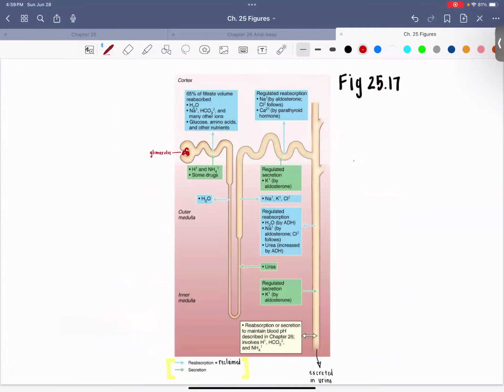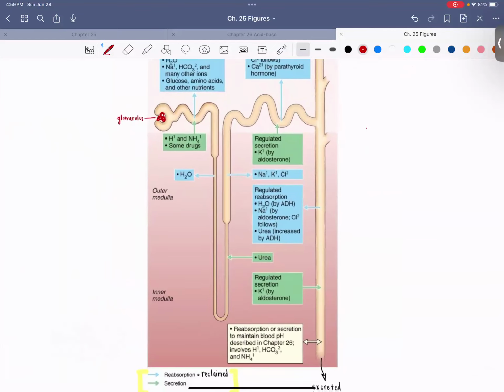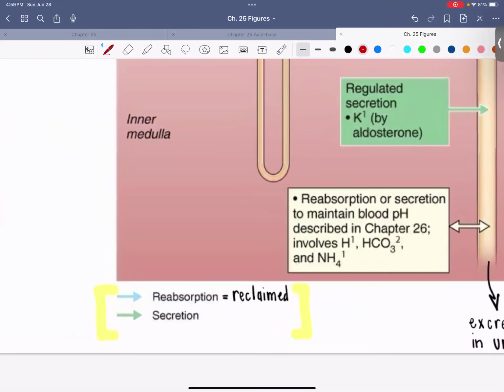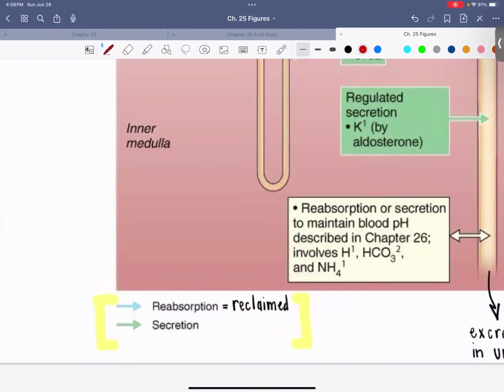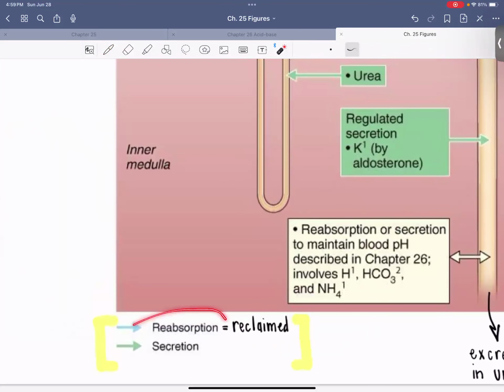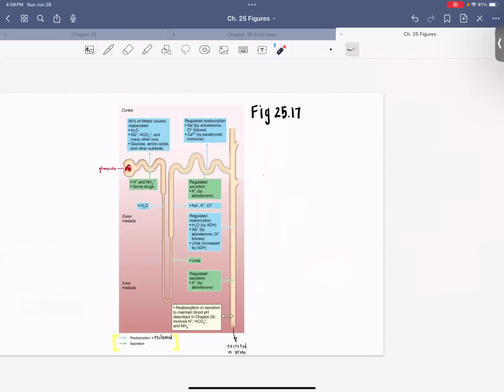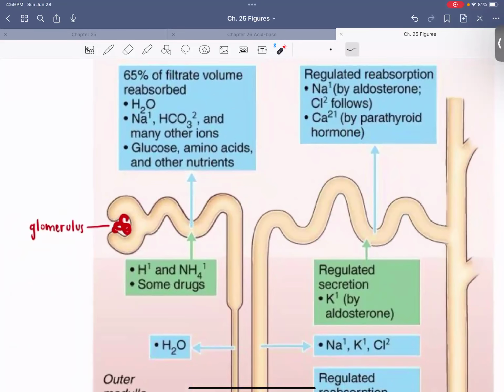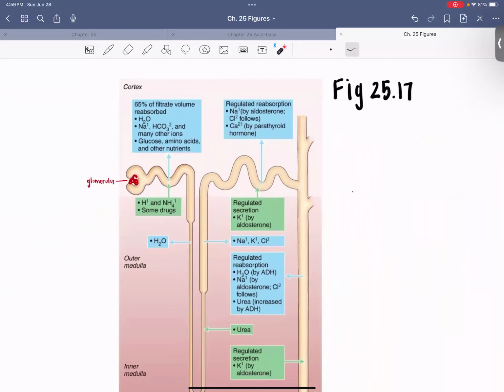This is figure 25.17. You can see, if you look at the key or legend down below, all of the blue arrows represent reabsorption, the green represent secretion. So you can see which substances are reabsorbed or secreted from various regions of the tubule.